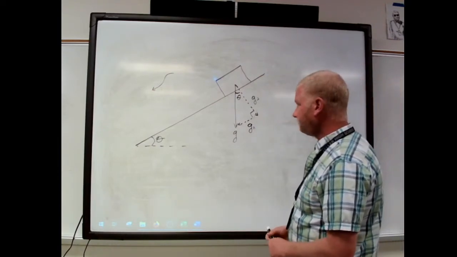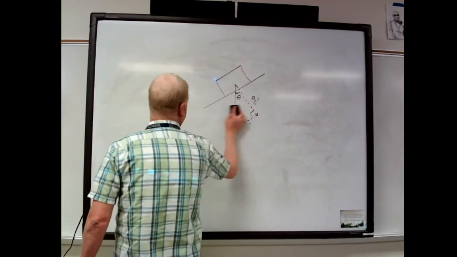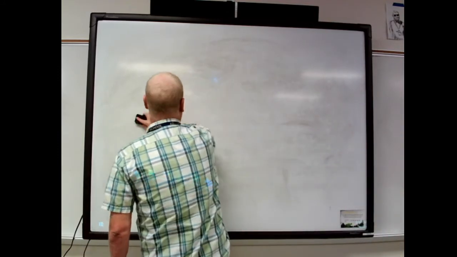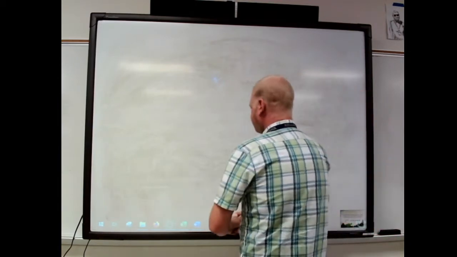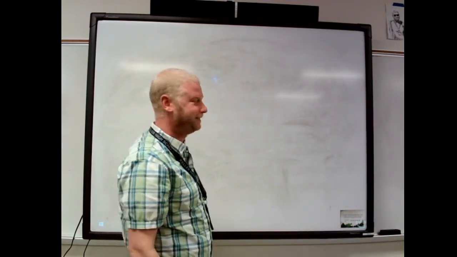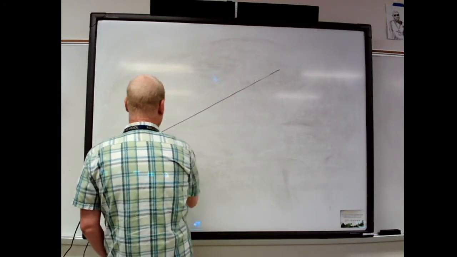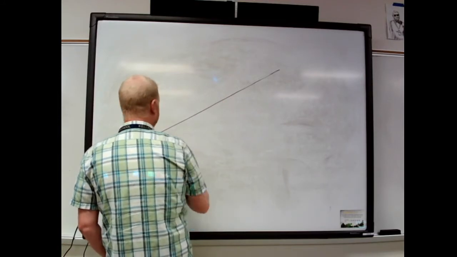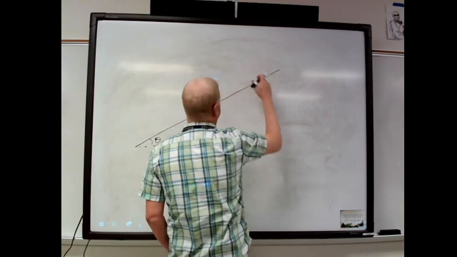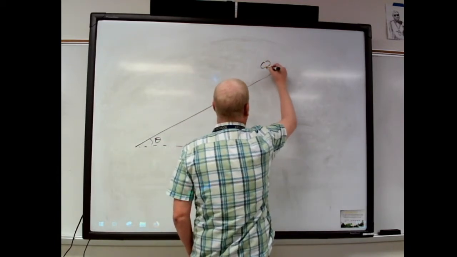So, let's start with just a sketch of what we got going on. And again, when you're drawing these sketches, you don't need to be an artist. It's really just there to help you out. So if you want to draw a skier as a box, draw a skier as a box. All right.